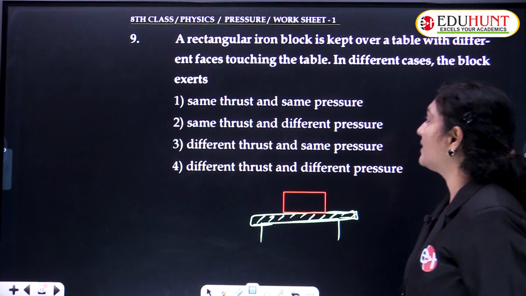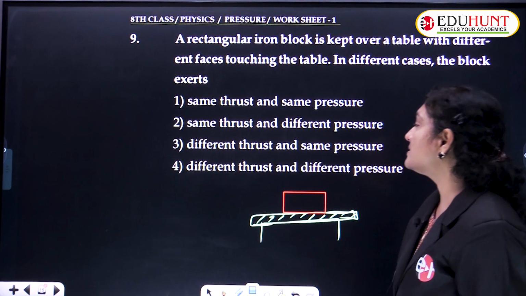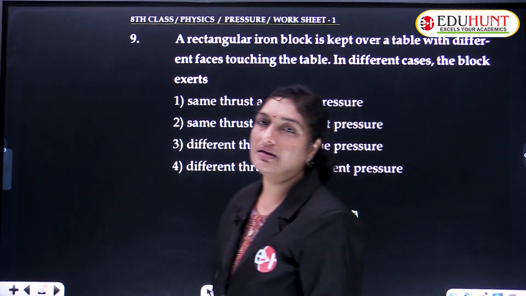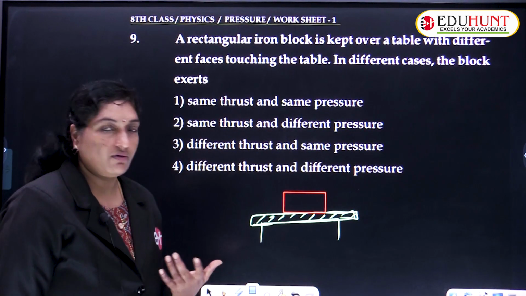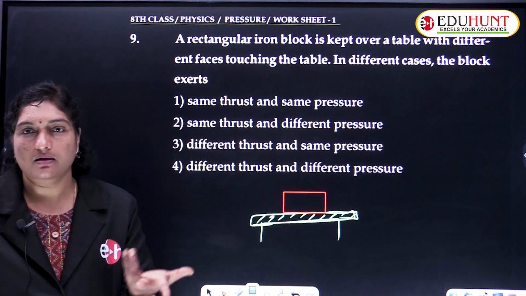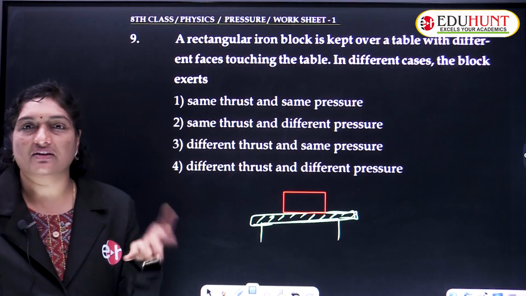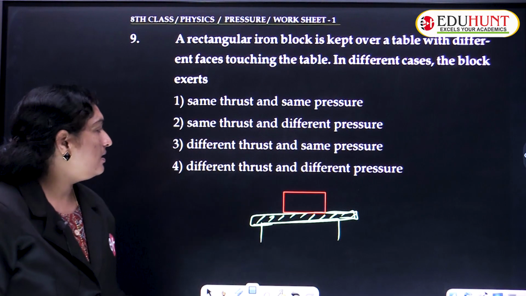In different cases, the block exerts same thrust and same pressure. Children, what is thrust? Thrust is nothing but the force acting, or the weight of the body on the surface. The weight of the body acting on the surface itself is called thrust.